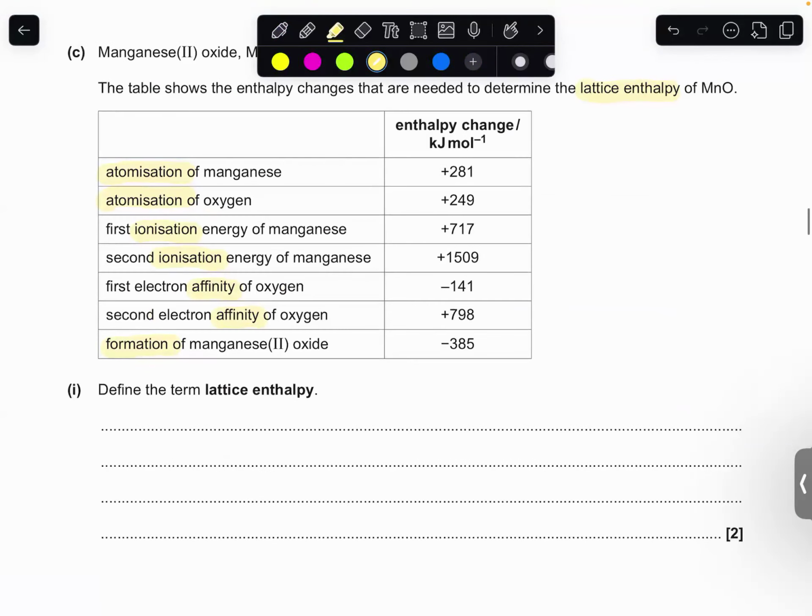Define the term lattice enthalpy. Lattice enthalpy, in this case, we've got MnO. Lattice enthalpy is where 1 mole of an ionic compound is formed from its gaseous ions.